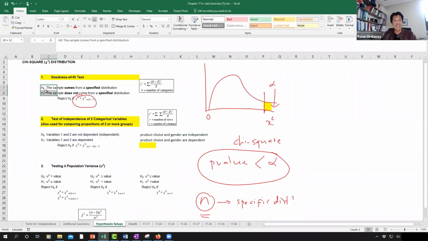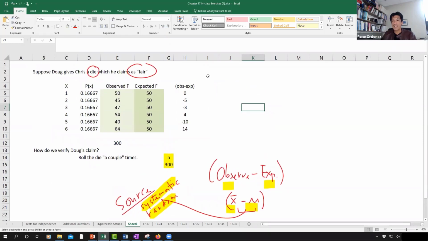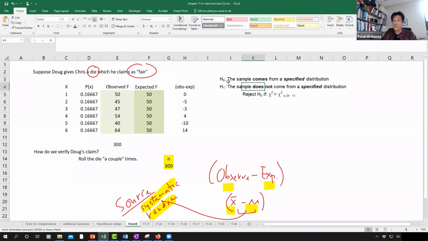So the null hypothesis would say, let me copy this. The null hypothesis would say, all right, and instead of saying a specified distribution, before I do that, if I plotted this probability of X on the Y-axis and X on the horizontal axis, the graph would look something like this.